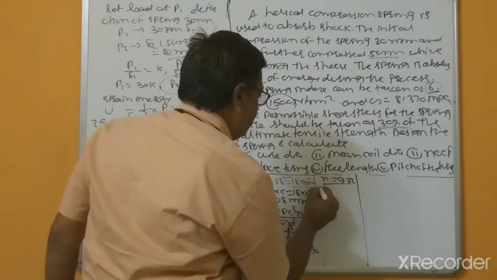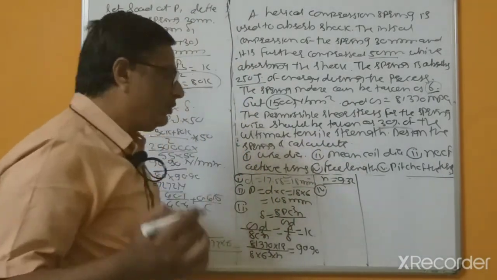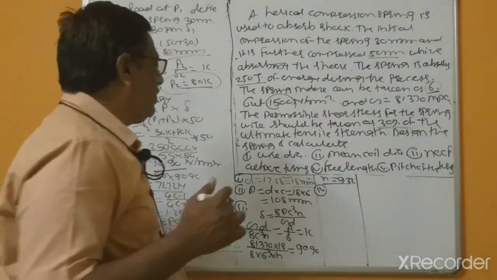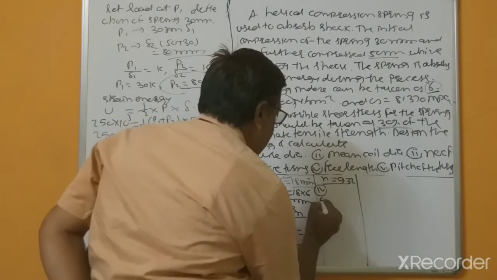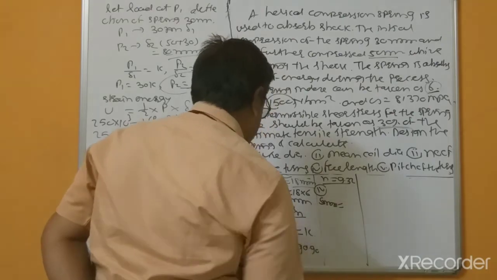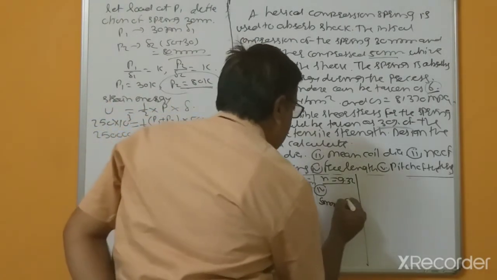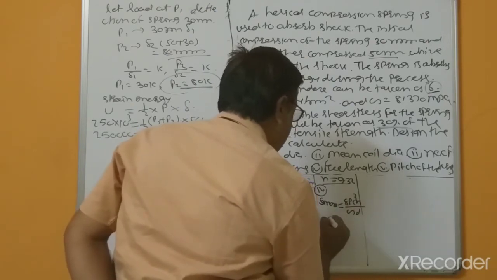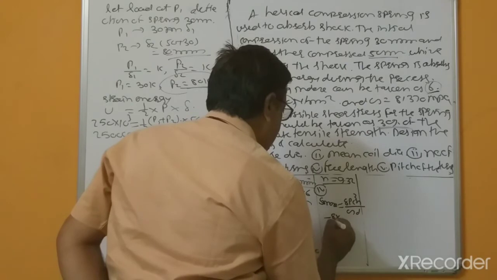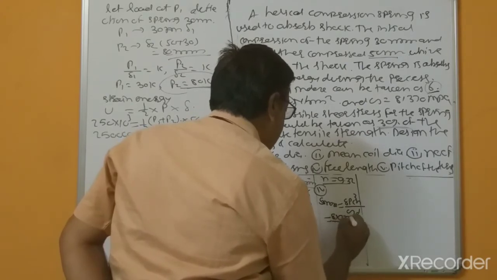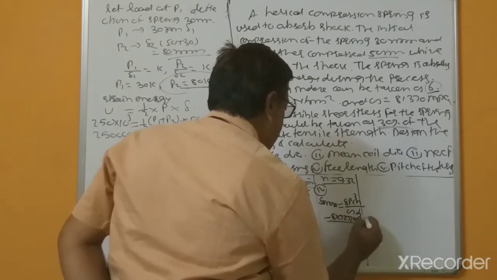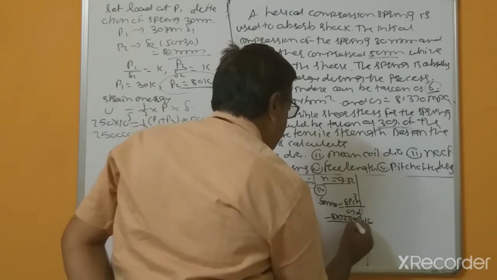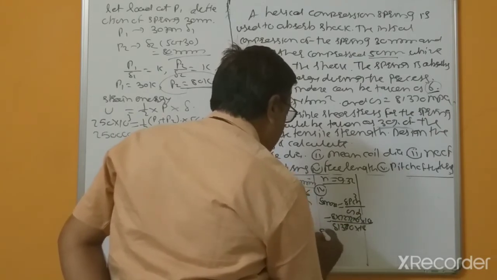Free length equal to, but we require delta max equal to the formula 8PC cube into N divided by GD. So 8 into 7272 into 6 cube, number of active turns taken as 10, 81370, d equal to 18.